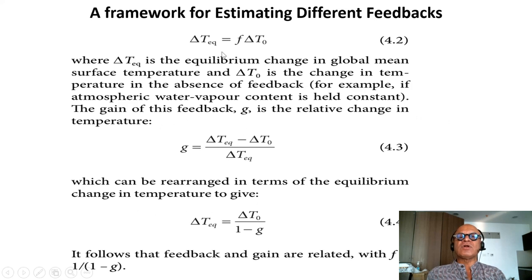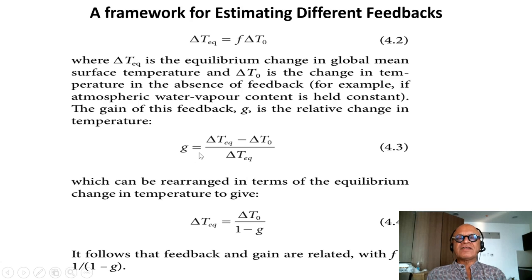So in that case, you are writing the equilibrium delta T to doubling of CO2 as F times delta T0, where delta T0 is the change in temperature in the absence of feedbacks. For example, you would have to have atmospheric water vapor being constant. This is just a way of thinking with feedback, without feedback, because it's that gain factor that's very critical to understand the Earth system feedback.